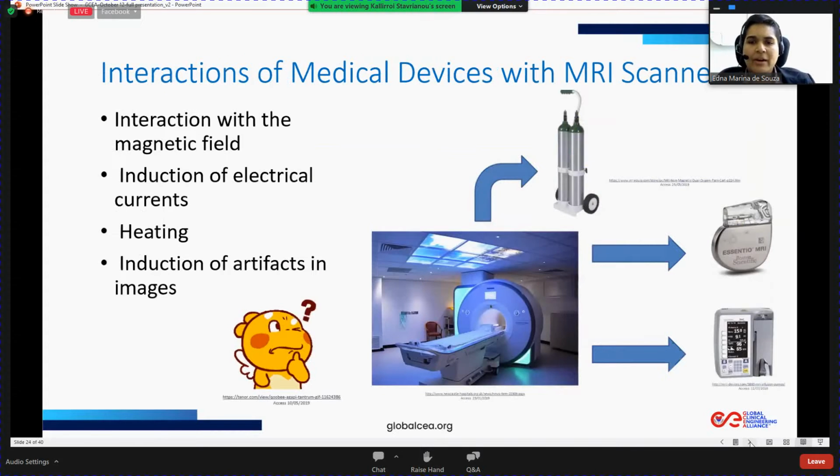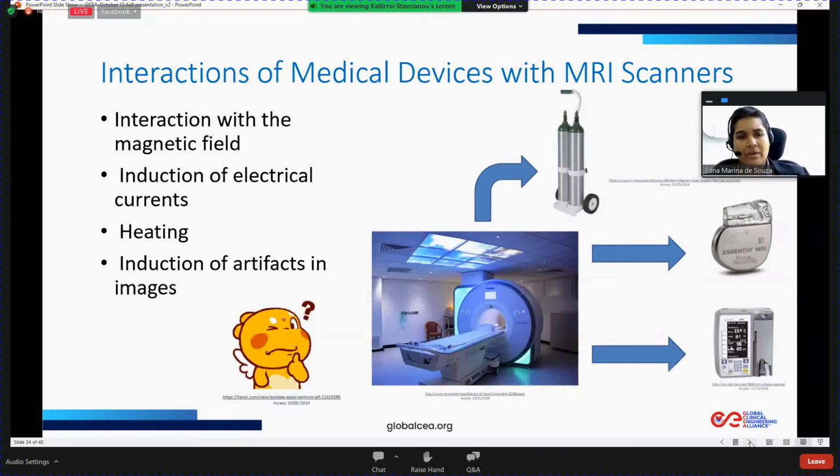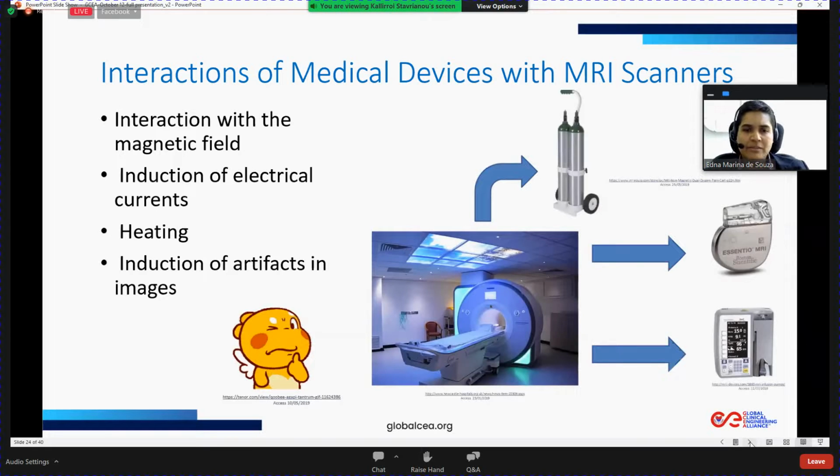Considering the medical devices and the MRI environment, it's important to know how the medical device behaves in the presence of high-intensity magnetic fields, their gradients, and the radio frequency pulses.